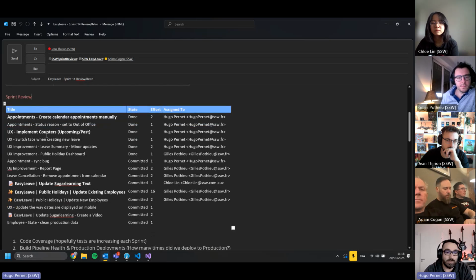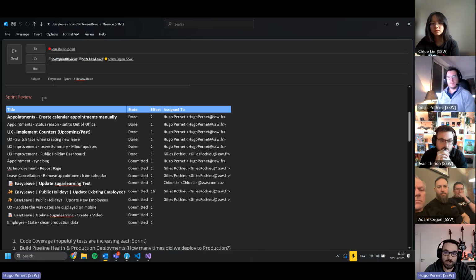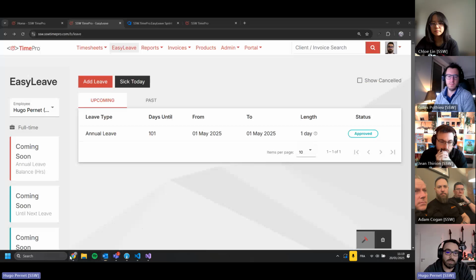Then we worked on some UX improvements, especially the counters on the left of the dashboard. We've hidden the one related to the leave balance until we have the Xero integration up and running, and we've implemented the other two about the amount of days until the next leave and since the last leave.